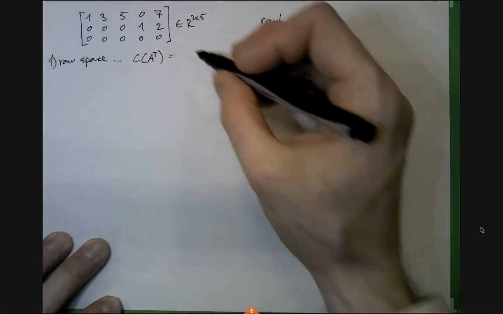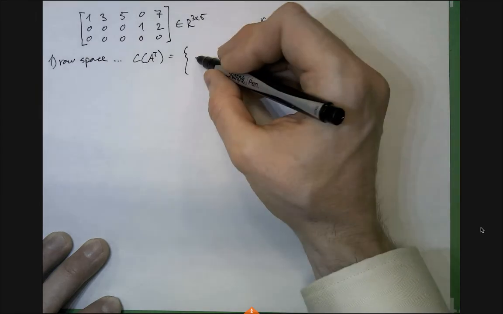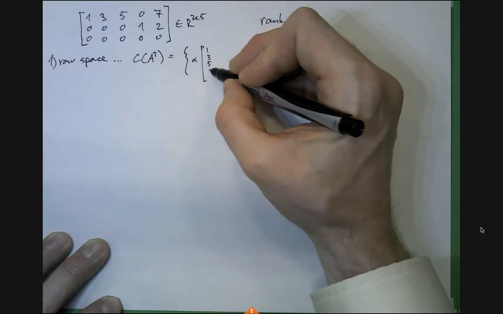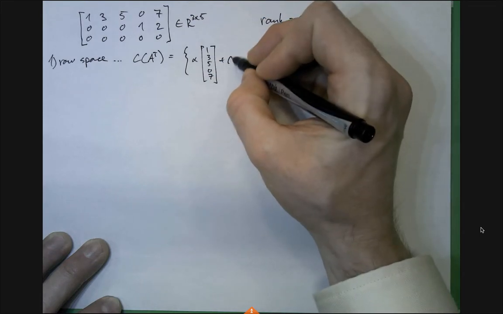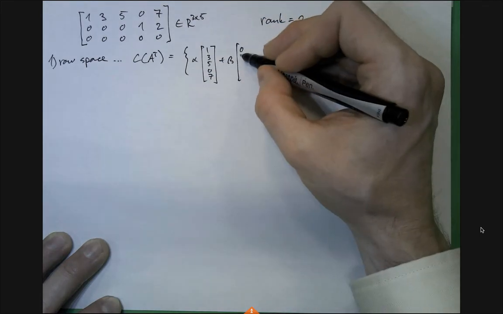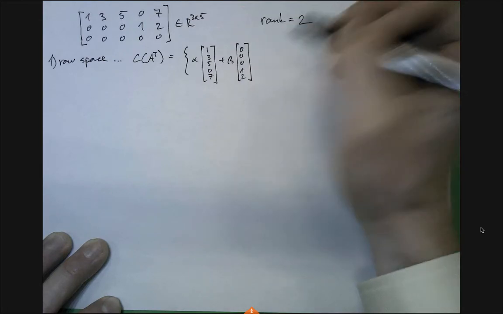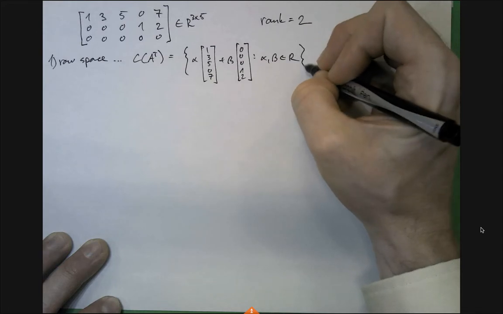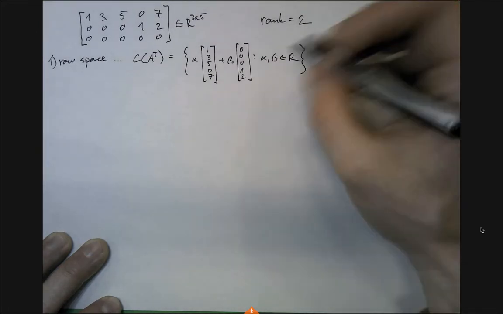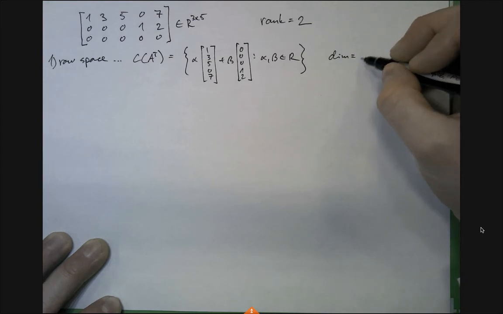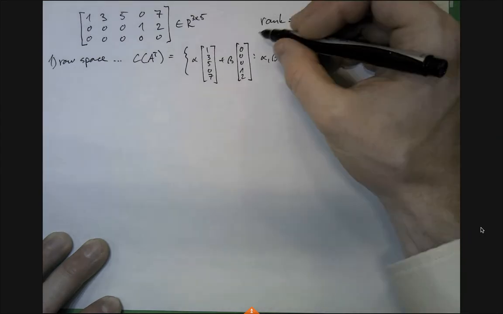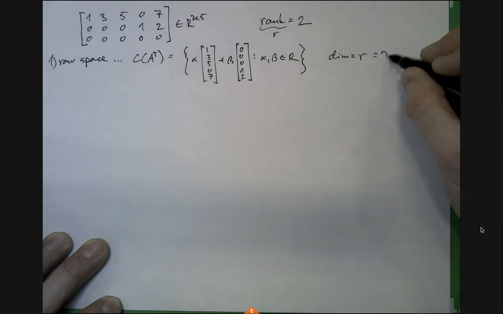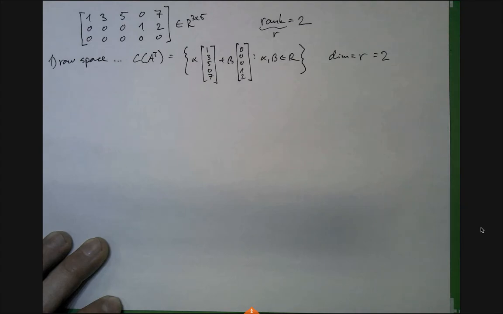So one way I could write it would be alpha times the first row, 1, 3, 5, 7, plus beta times the second row, 0, 0, 0, 1, 2, for any alpha, beta real. Notice that the dimension obviously is 2. The dimension is the rank, usually written just as r, which is 2. So that's an easy one.